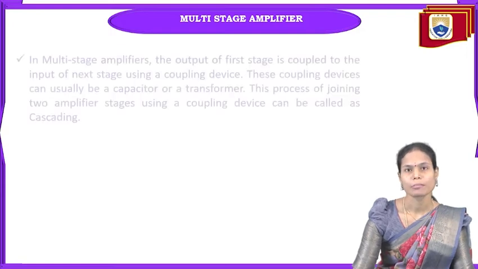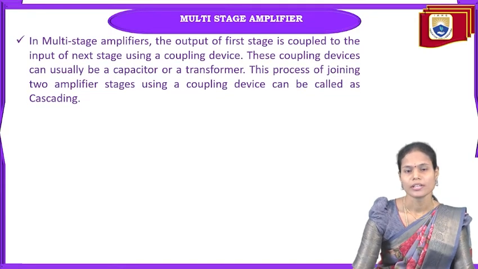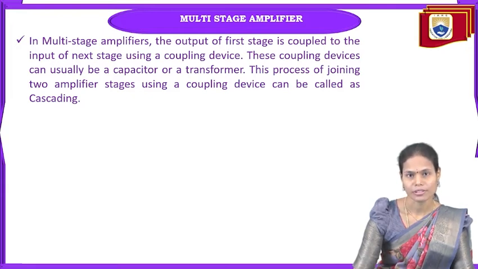So what is meant by multistage amplifier? If we take similar types of single stage amplifiers and interconnect them using some coupling elements, those coupling elements may be resistors or capacitors or transformers. By using any coupling element, we can interconnect the individual stages to make a multi-stage amplifier.